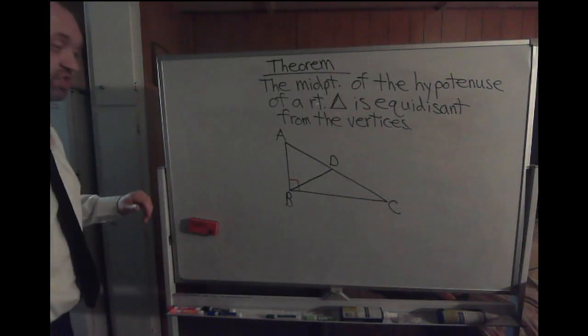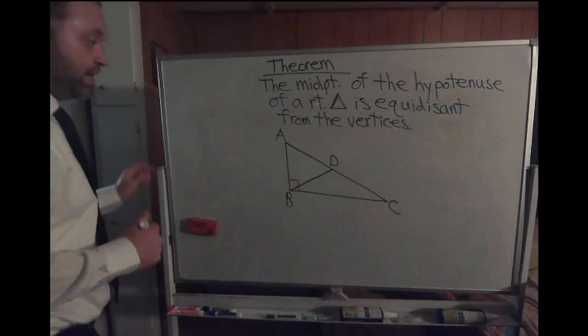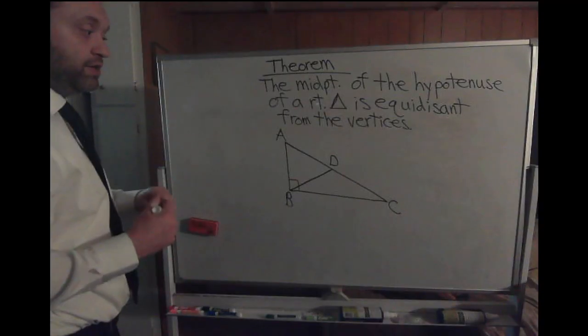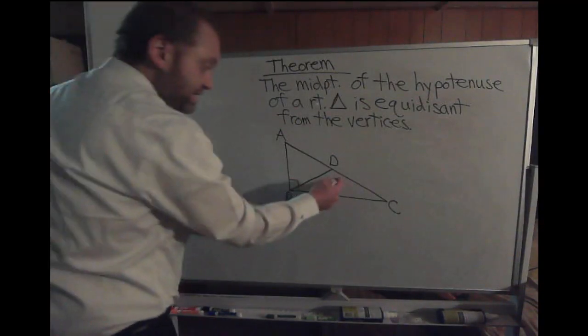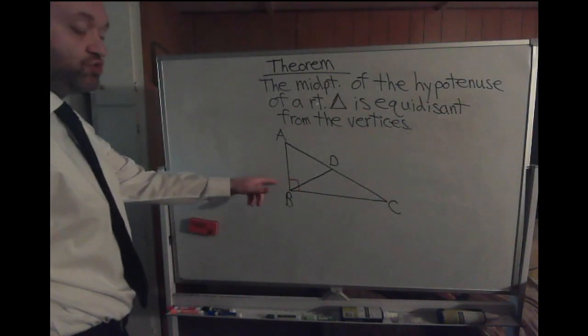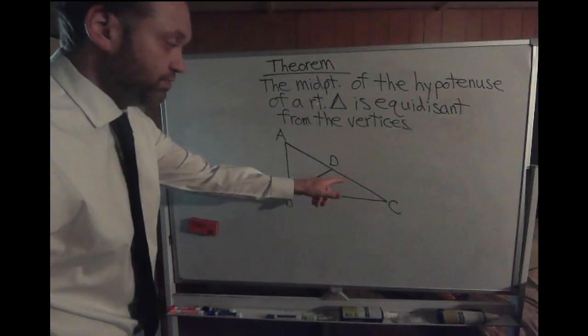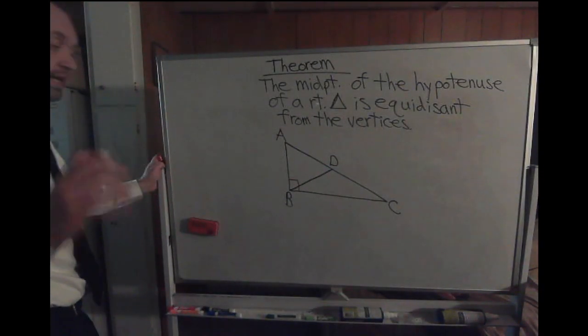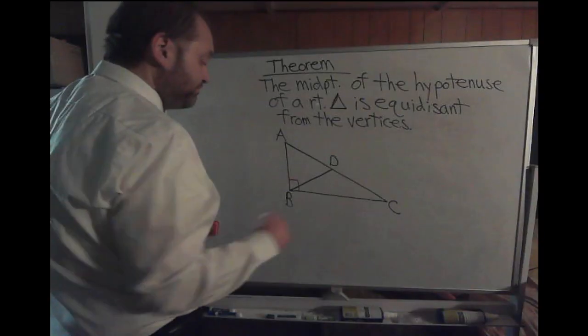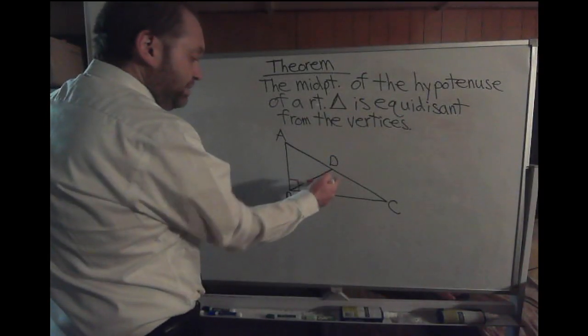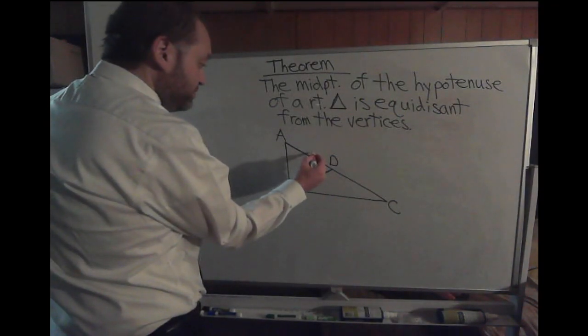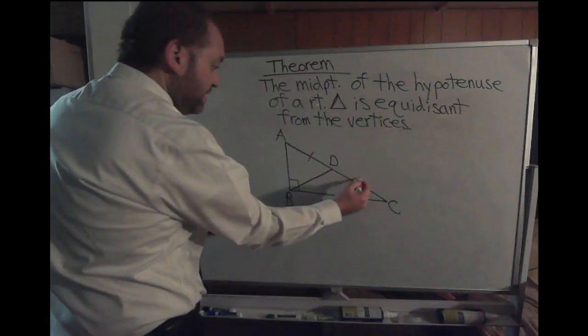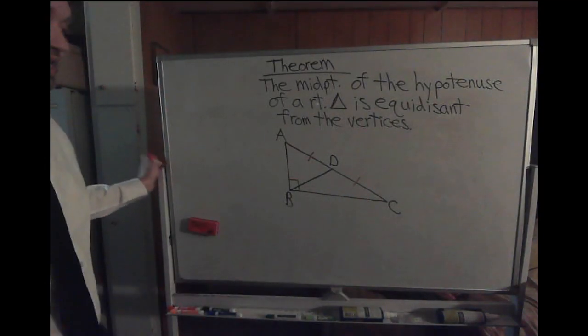Well, for starters, if D is the midpoint of the hypotenuse, that means BD is the median, right? Because it's a line drawn from a vertex angle to the midpoint of the opposite side. And we know about medians that on the opposite side that it splits into two congruent sides. So AD would be congruent to CD.